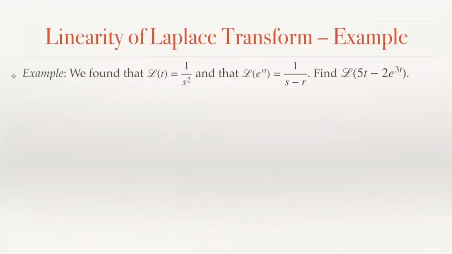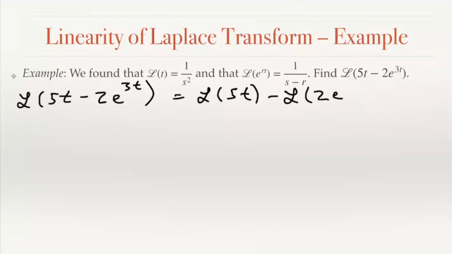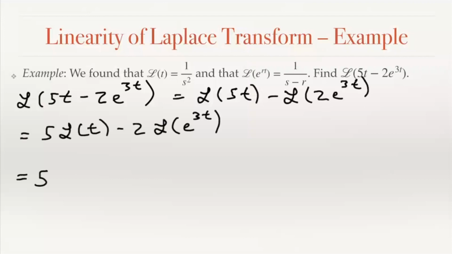So we can use this to evaluate Laplace transforms of composite functions by breaking it up into smaller Laplace transforms. So for example, the Laplace transform of 5t minus 2e to the 3t, we can break that up into a difference of the Laplace transforms. We can pull out constants, and then we can use the Laplace transforms that we already found.